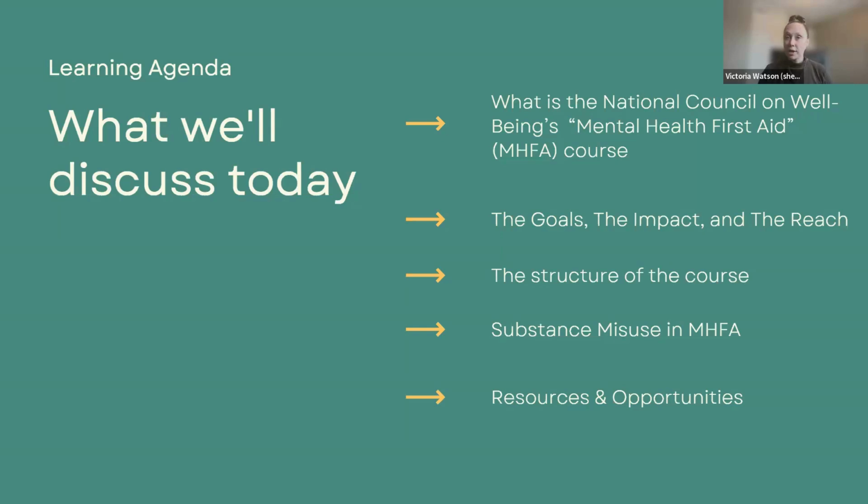I'll give a little sneak peek into what the structure of the course looks like, so that if any of you are interested in taking the course yourself, which I highly recommend, you can see what that would look like. Like I mentioned, we'll talk about substance misuse as a component of the mental health first aid course, and then talk about resources related to mental health, as well as opportunities of where you could take the course.